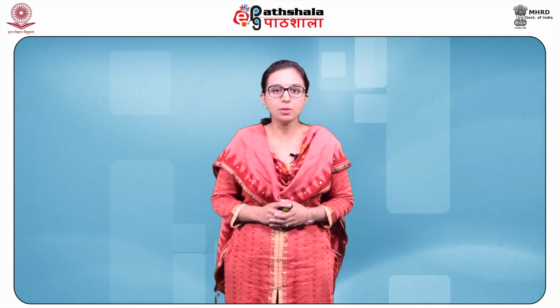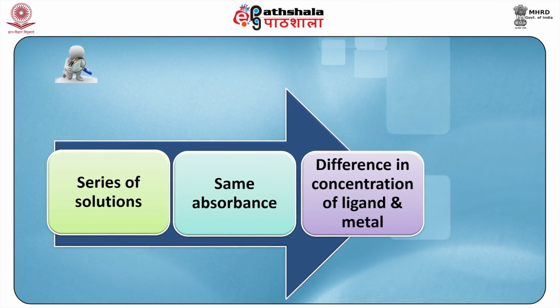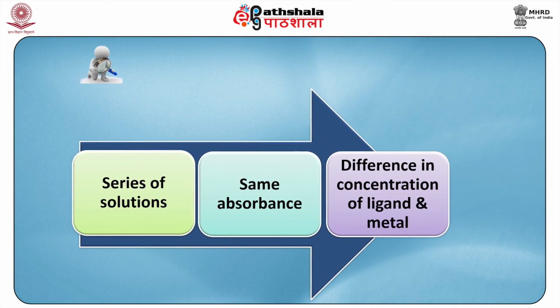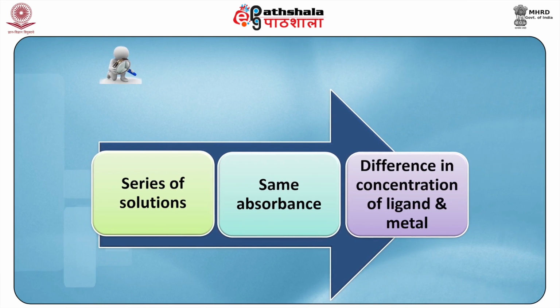Turner and Anderson's method is also known as the matching absorbance method and is applicable for the determination of stability constants of the complexes. A series of prepared solutions exhibit the same absorbance despite differences in the concentrations of ligand and metal.